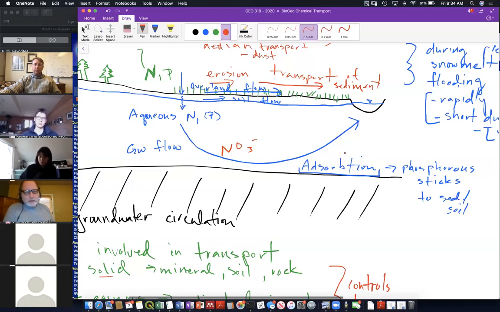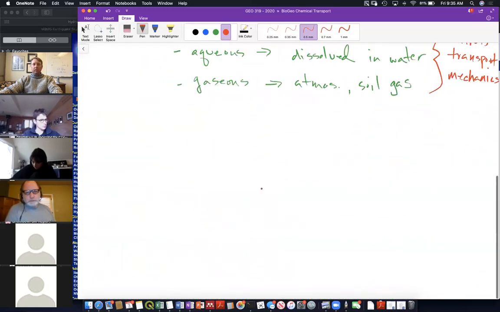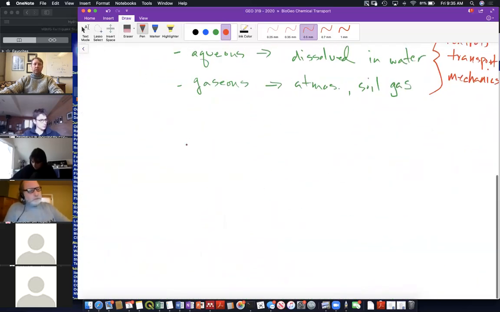Is that like they have a huge dead zone in the Gulf of Mexico, and it occurs year after year, no matter what we try to do, because the nutrients have gotten into the deep groundwater? Well, potentially.